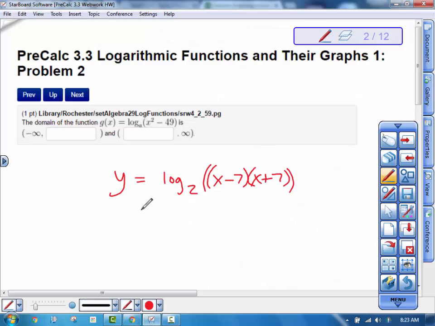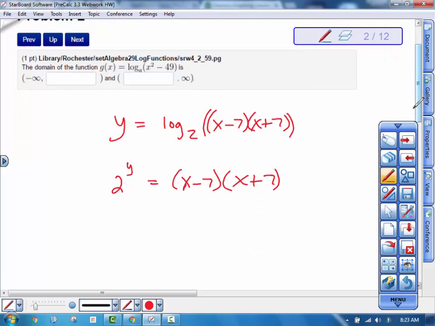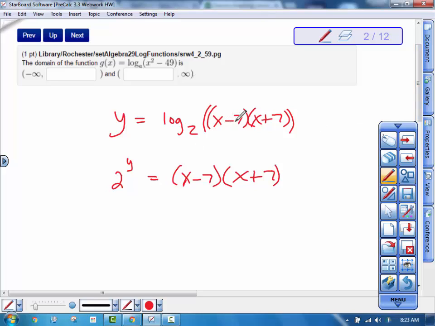So one thing that I think helps is to change it into exponential form and see that base to the exponent equals the argument. So this is basically the same function now, rearranged. So what we're asking is, what can we stick in for x here?